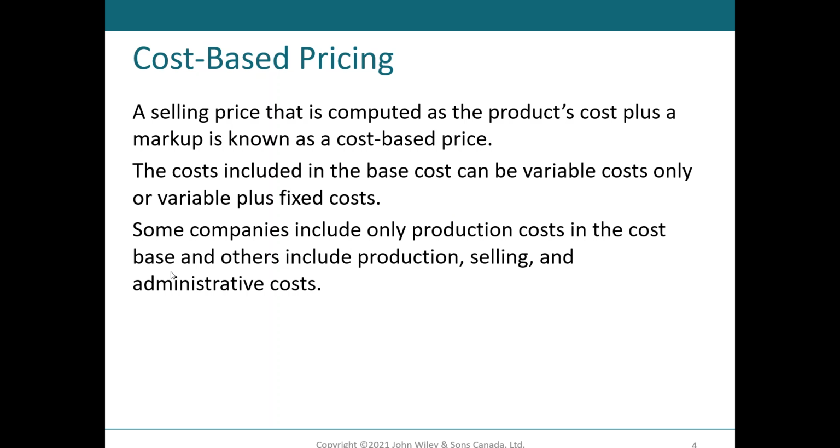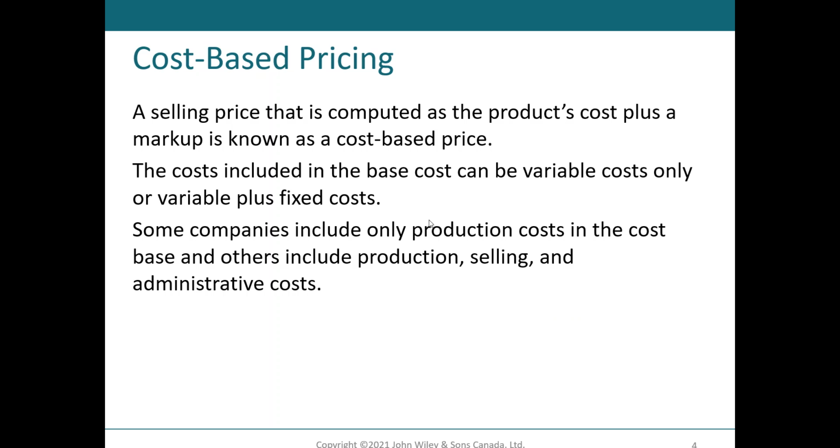The other strategy the company will use is that they will cover all the costs. So if the company is producing only one product, they will look at the variable cost, the fixed cost, and all the non-manufacturing costs, which includes the selling and admin cost as well. And then they will add a markup on top of the cost to see what the price of the product is going to be.